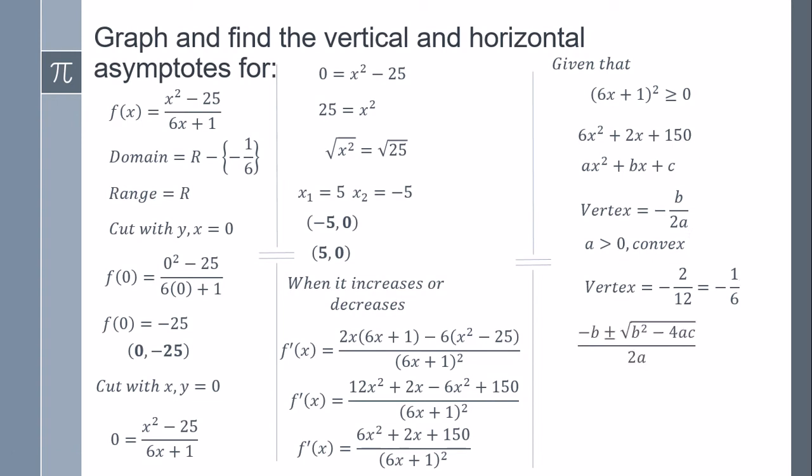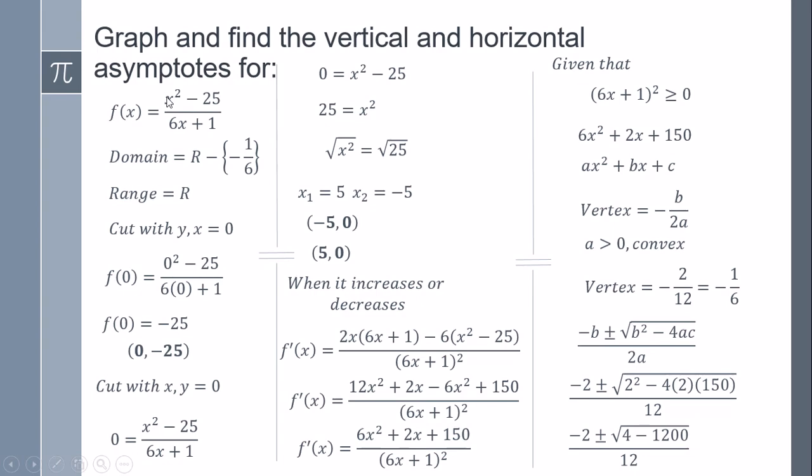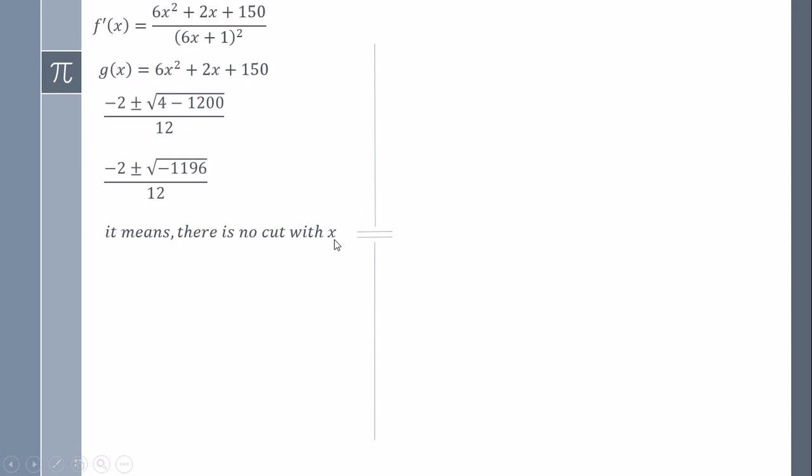If I use this to evaluate where y is equal to 0, the cuts for this parabola, I figure out that a is 6 here, but it doesn't matter too much because at the end the square root is going to be of a negative number. So there is no cut with x for this parabola.